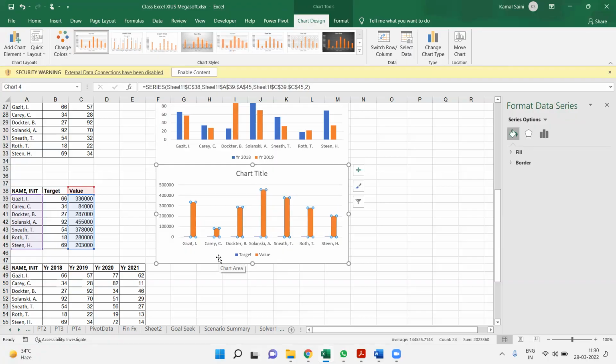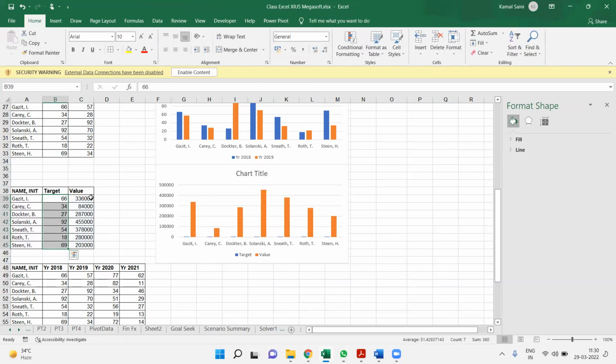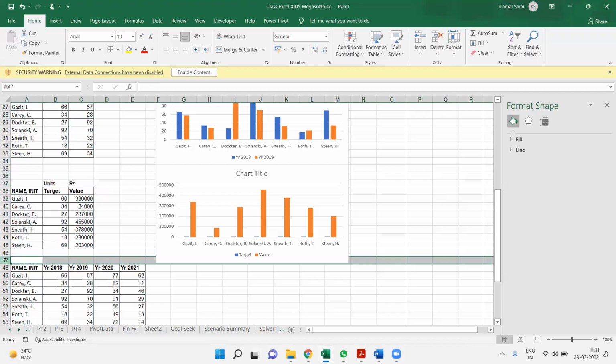The reason being, numerically these values are too small in comparison with this. You can't keep them on the same scale because one entity represents maybe the number of units or how many people, and this is in rupees. So both are of different nature.